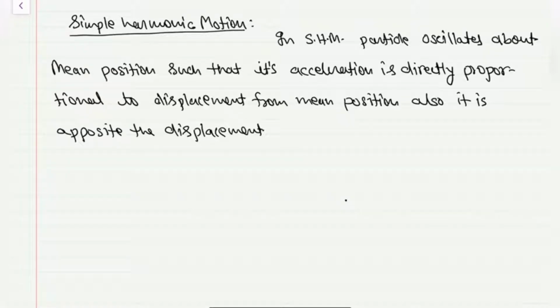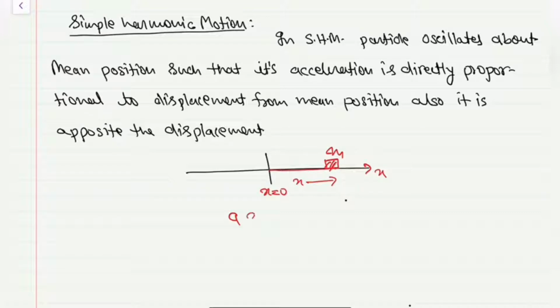In SHM, for example, suppose this is the mean position, x equal to 0, and a particle is moving such that, if this is the x direction and this is the displacement x, the acceleration of the particle is directly proportional to the displacement and opposite to the displacement.